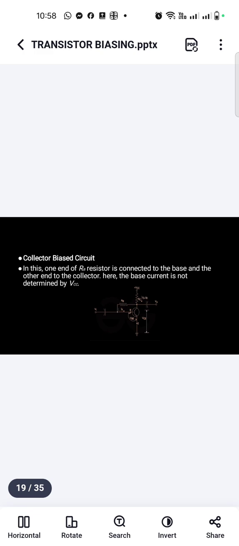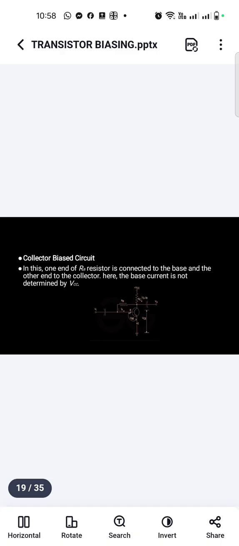And the next one, collector to base bias. See the circuit diagram. What's the main difference between fixed bias and collector to base bias? There we take the RB value through the VCC.